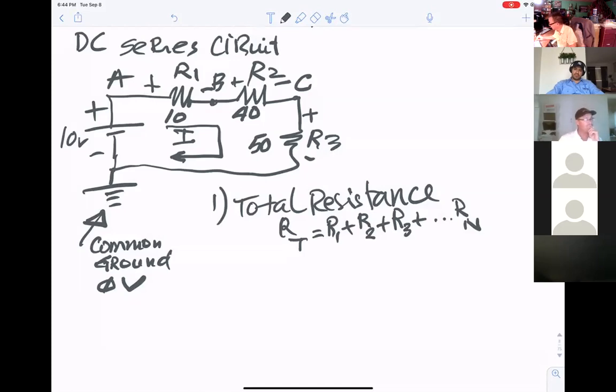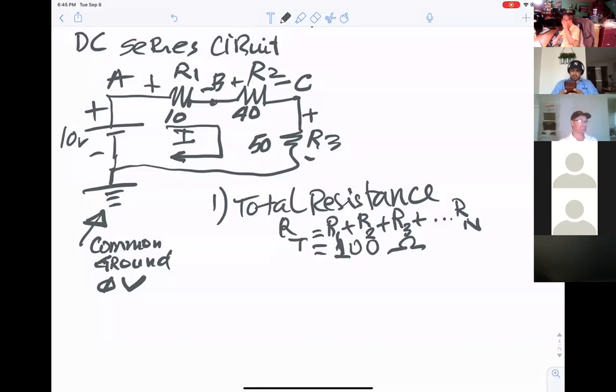For this problem, R total equals 10 plus 50 plus 40, and you add them up to get 100 ohms. That's easy.